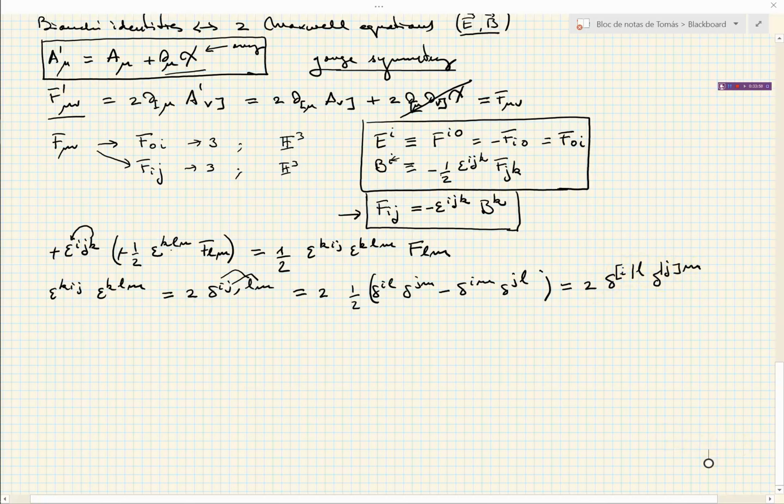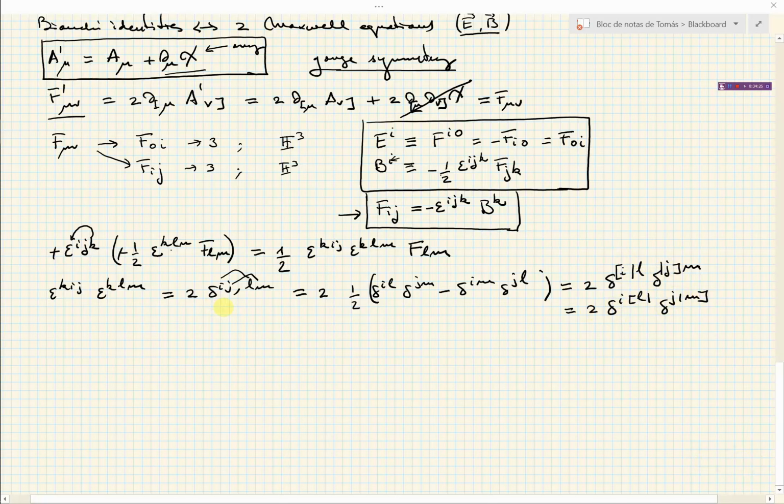So this is antisymmetric in i and j. But also if I interchange l and m, I also get the second term. This tells you that this thing is both antisymmetric in ij and also in lm.